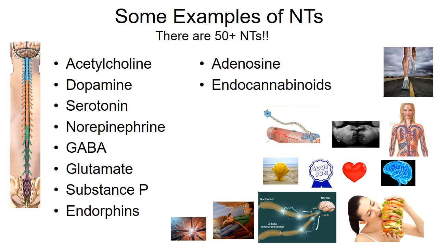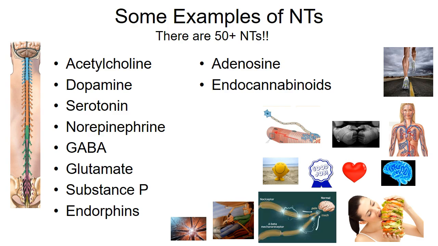So here, it's an excitatory neurotransmitter. Are we getting closer or further away from threshold? Closer, exactly. So GABA and glutamate are taking that membrane potential either closer or further away from threshold. So, major inhibitory and major excitatory neurotransmitters in the brain.